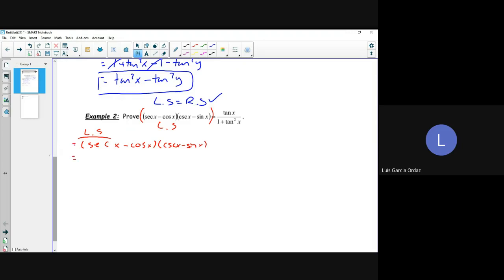So what would our first step be in simplifying this left side? Do we have any trig identities on the left side that we can use?